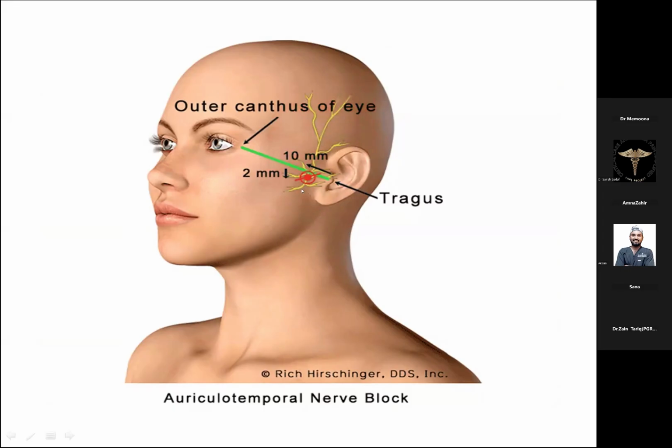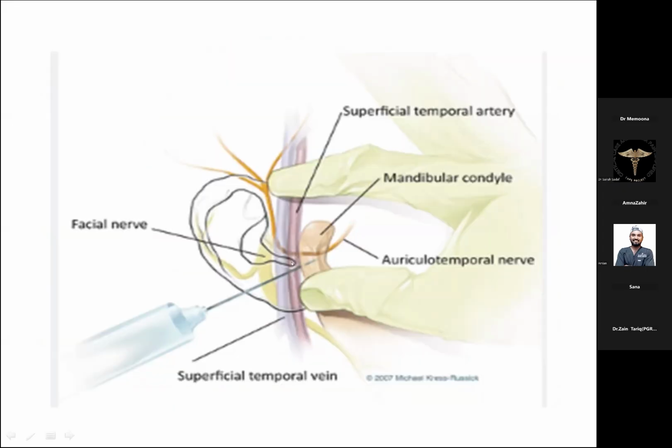Here is a clear demonstration of the two techniques. Here you can see that the nerve can be blocked at the tragus area, and this injection site is going to be below the temporomandibular joint and in front of the superficial temporal vessels. But again, as already mentioned, it is associated with increased risk of facial nerve palsy, so it is not a preferred technique.